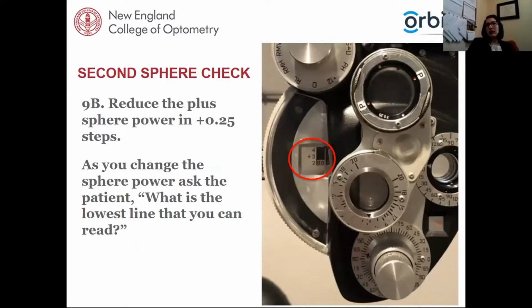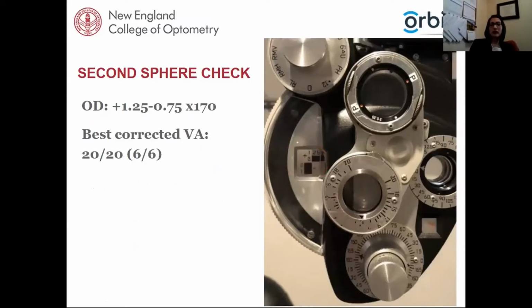And let's say maybe they're able to read the 20/40 line, then you would take away plus a quarter, so you go from plus 2 to plus 1.75. What's the lowest line you can read? And then plus 1.75 to 1.50, same thing. Once they're able to read the 20/20 line, you stop. So in our example, once we got to plus 1.25, they're able to read 20/20 and we stop.